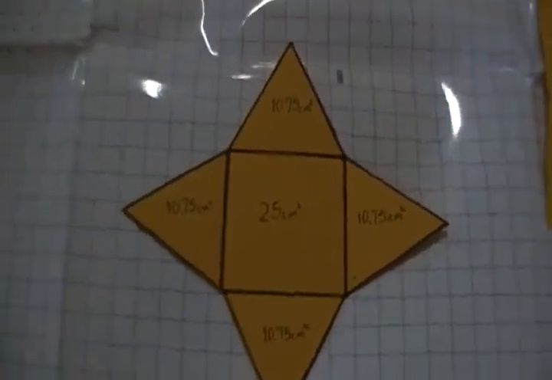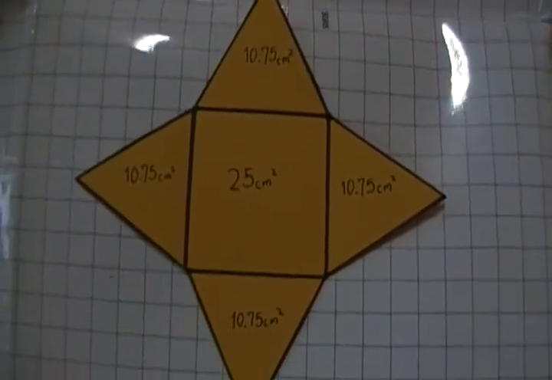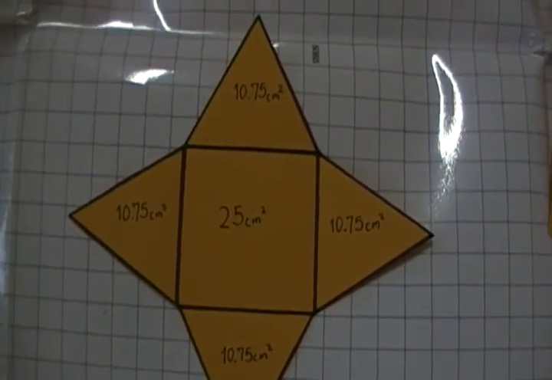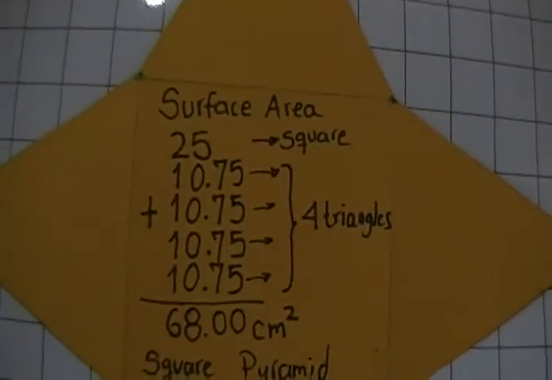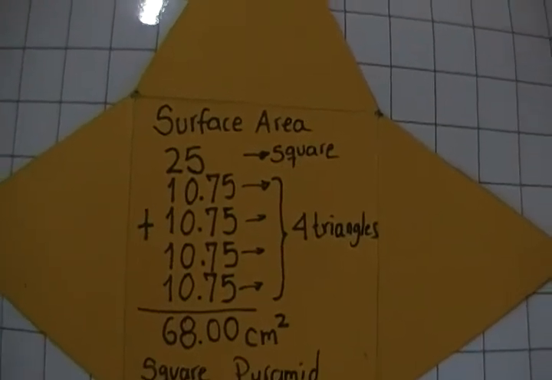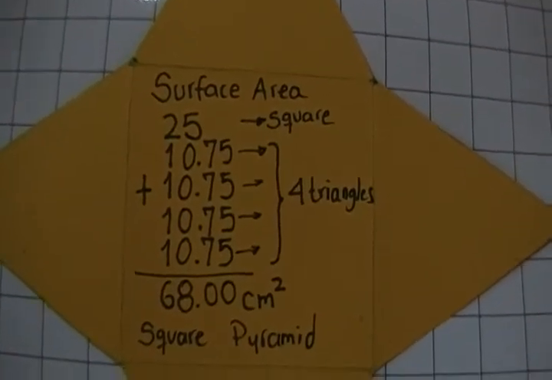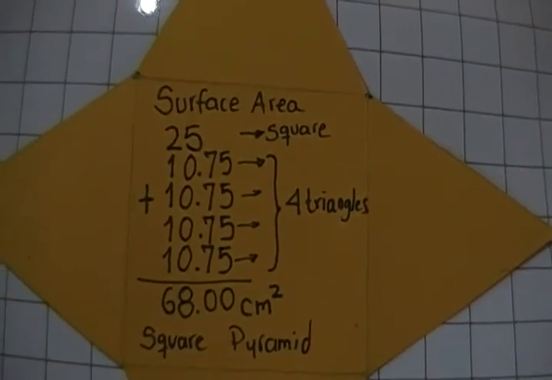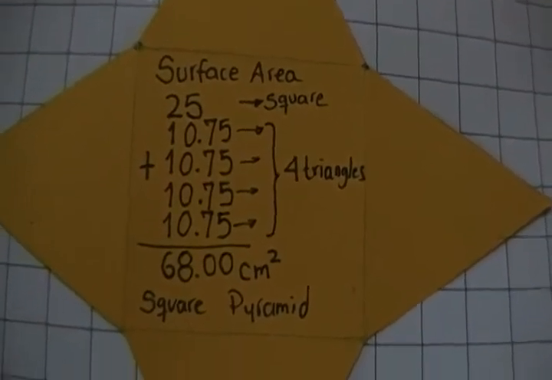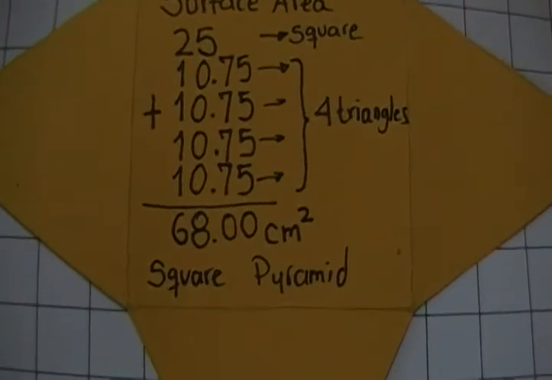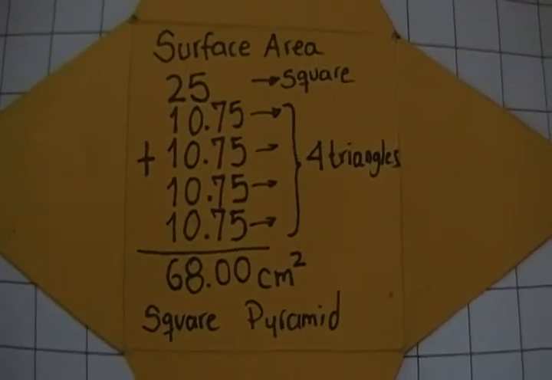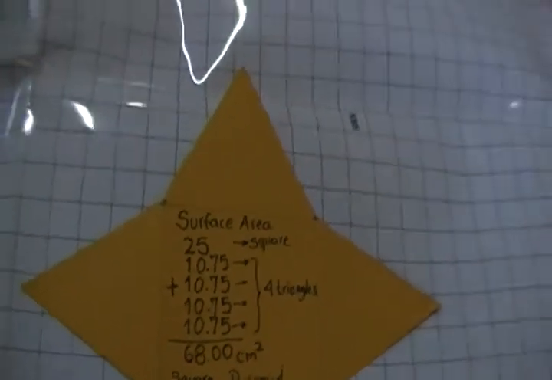Now we have the square pyramid that is made up of 4 triangles and 1 square. So in order to get the surface area, here we consider 1 square, whose area is 25 square centimeters, plus 4 triangles, whose areas are 10.75 square centimeters each. So the surface area of this square pyramid is 68 square centimeters.